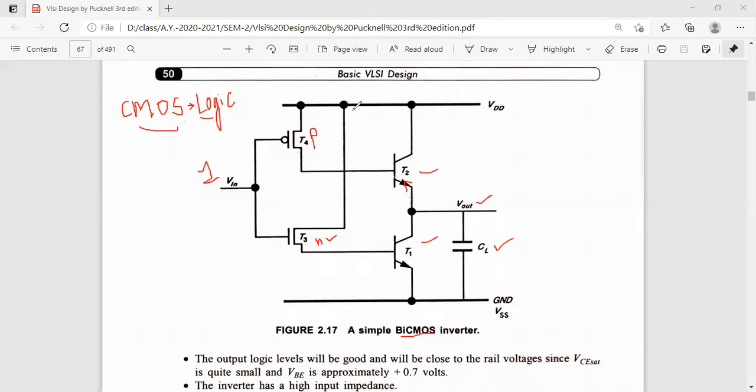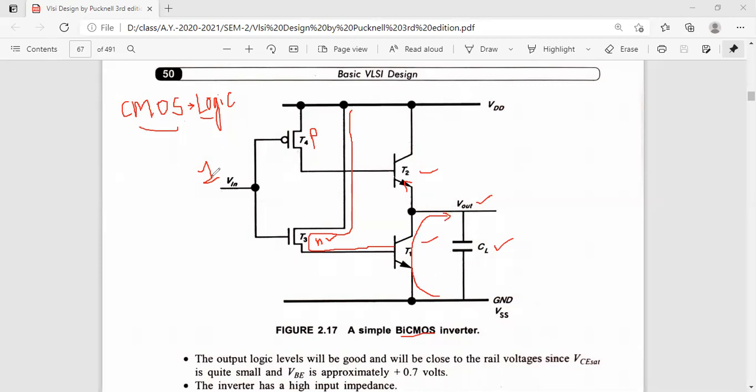The value which is present on the VDD will be coming through this NMOS transistor, that is T3, and to the base of the T1. So this T1 is going to be on, and the value which is present here is going to come at the output. Okay, I repeat once again.